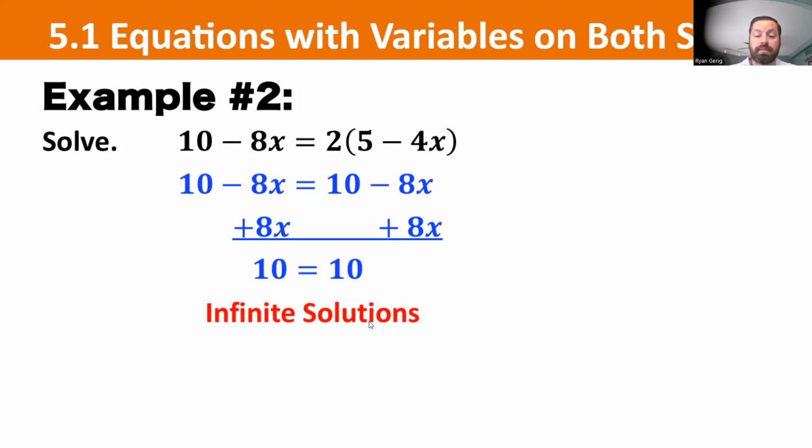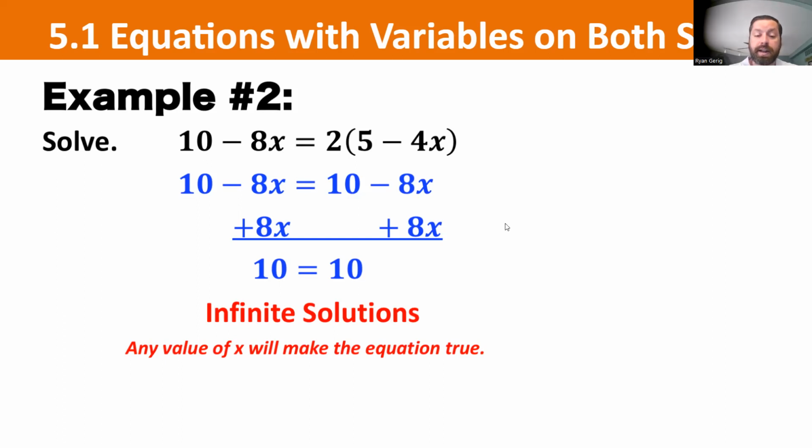There's another thing you could get. We'll talk about that next, but let's talk about infinite solutions. That means that no matter what I put in for x in the original equation, the left side will equal the right side. And you could try that. Throw 2 in, see what happens. Throw 0 in, see what happens. The left side will equal the right side.